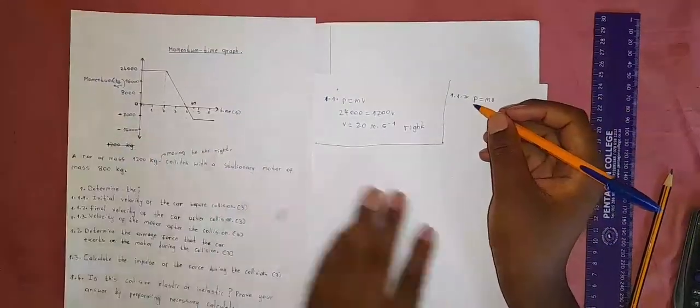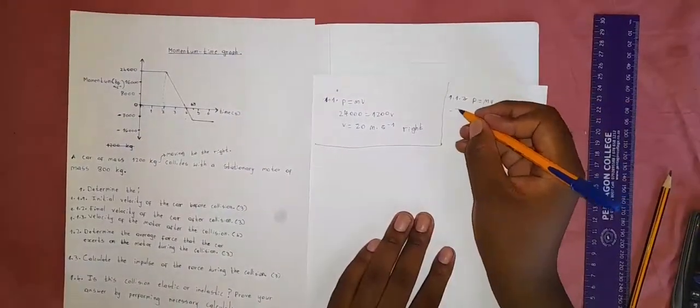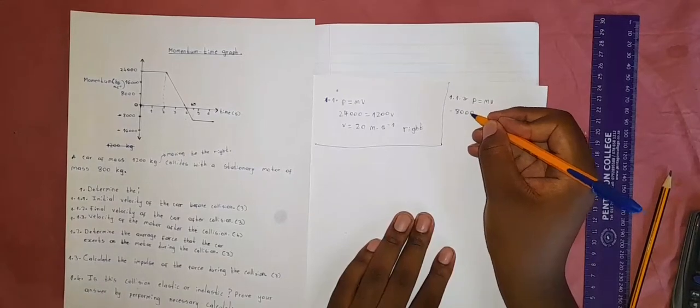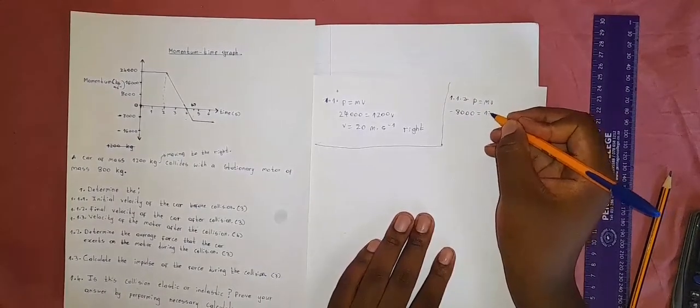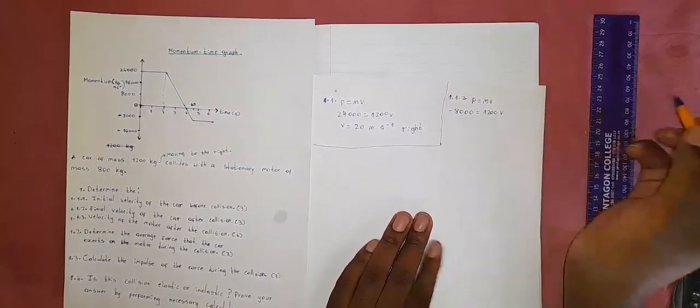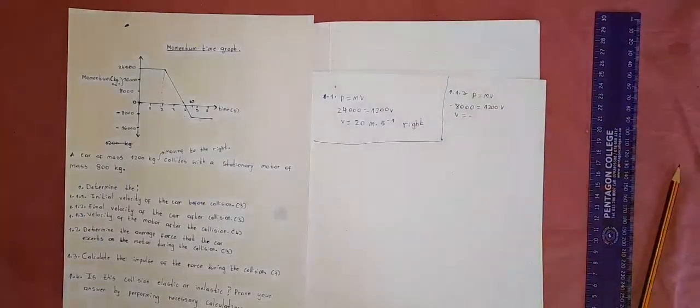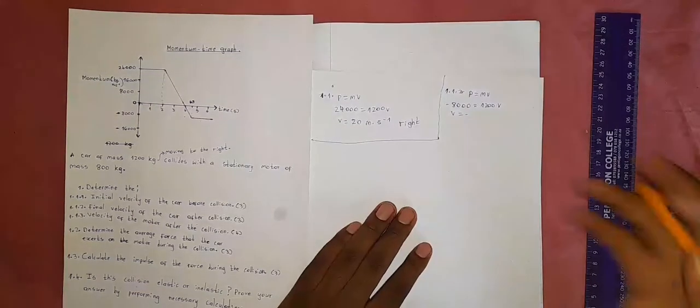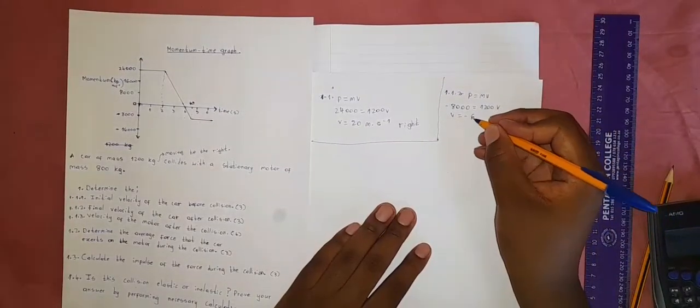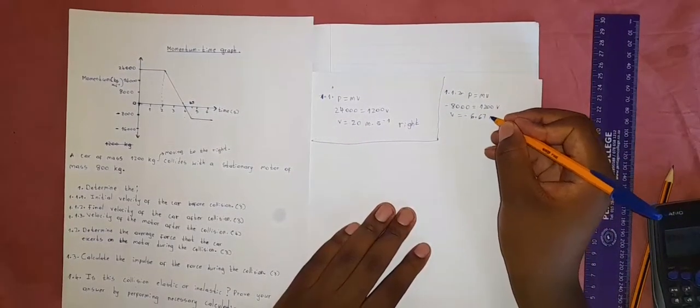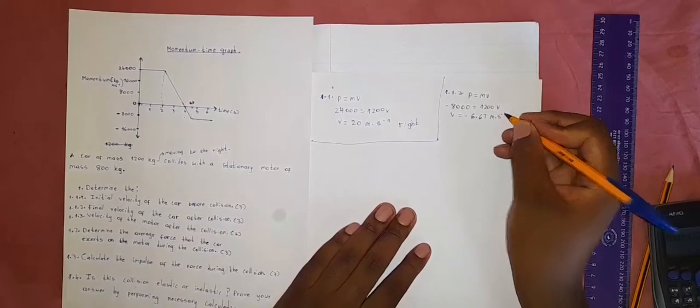We have a momentum of negative 8,000 equal to 1,200 times velocity. We'll get a negative velocity here. So it's 8,000 divided by 1,200, and I get a velocity of negative 6.67 meters per second.